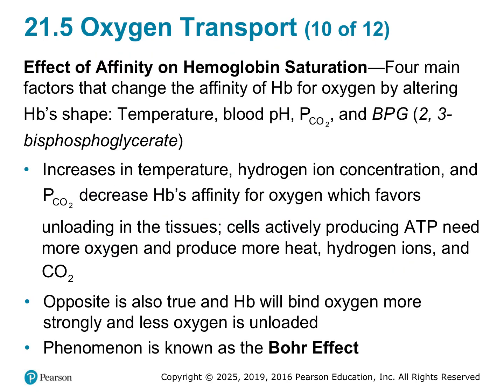There are factors besides the partial pressure of oxygen that will influence that affinity or attraction between hemoglobin and oxygen. And these are temperature, hydrogen ion concentration, and partial pressure of carbon dioxide.